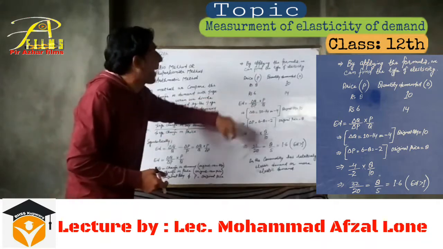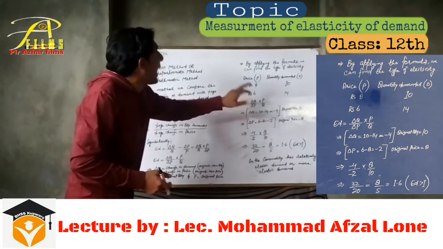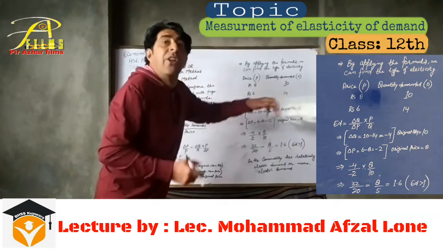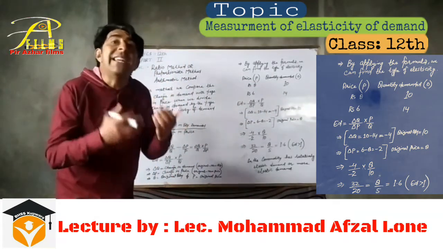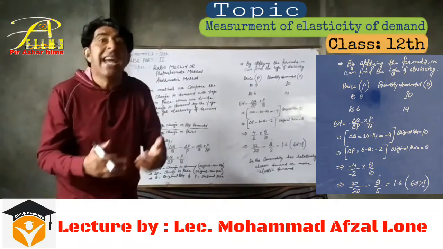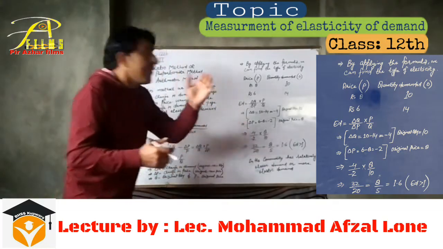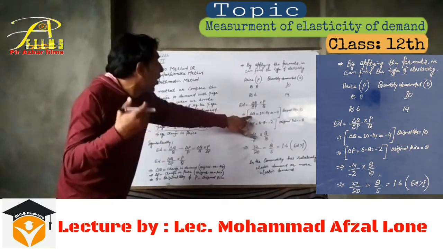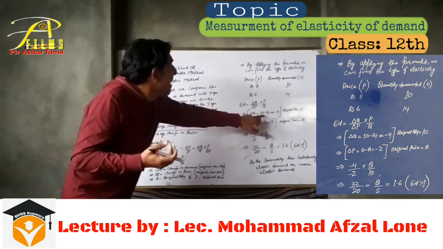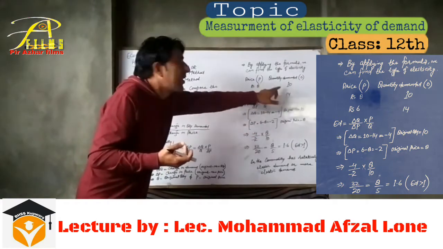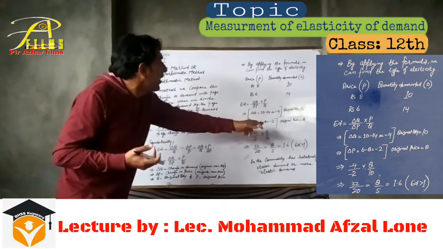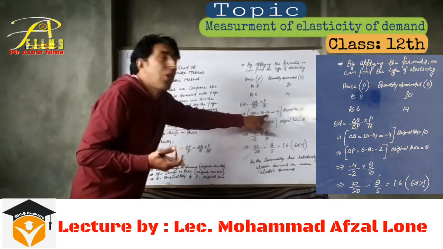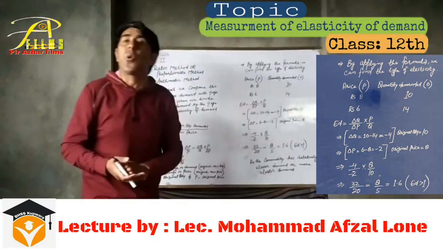Original price is 8, original quantity is 10. Now you have to find the change in quantity and change in price. Change in quantity, delta Q, is original quantity minus new quantity, that is 10 minus 14, that is equal to minus 4.